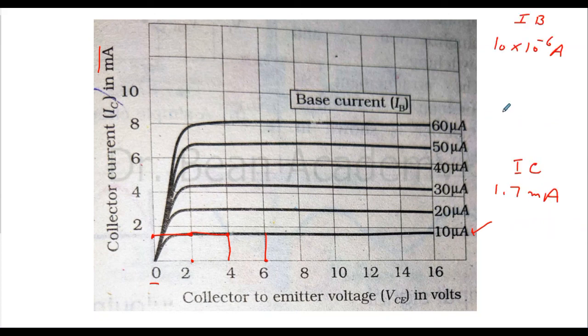So let me give you a rough idea of how much amplification this is. For a base current of 10 microampere, which you have already fixed, you are getting a current at the collector no matter what the voltage across the collector and emitter is. You see, even if the voltage is changing, that current from the collector is constant, whatever the voltage. So you don't have to worry about that.